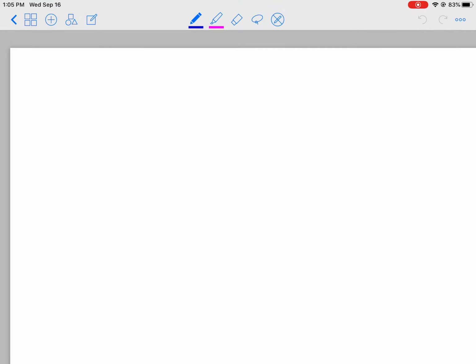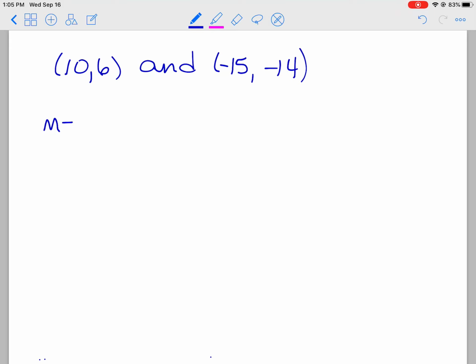This time, let's find the equation of the line through these 2 points. And I have the points (10, 6) and (-15, -14). So start with finding our slope.